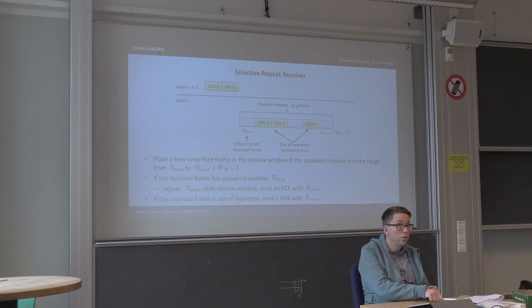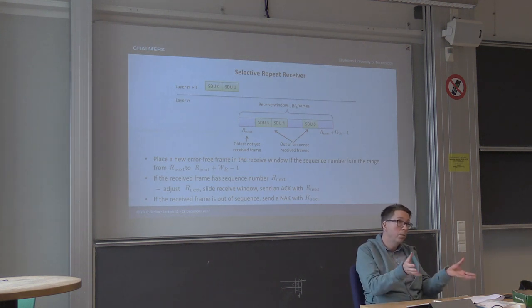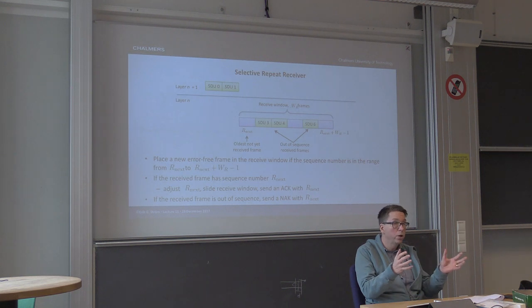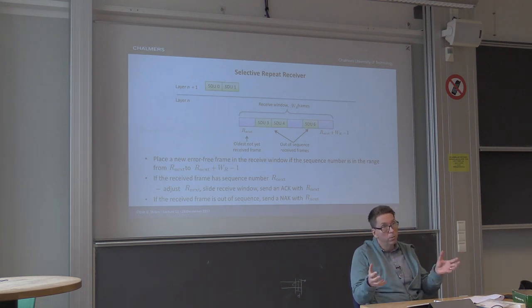So if we just want to summarize here, stop and wait is a simple protocol, and it's used when the delays are not too long, when the delay bandwidth product is small. When the delay bandwidth product becomes larger, we go to go back n, because that handles that situation better.